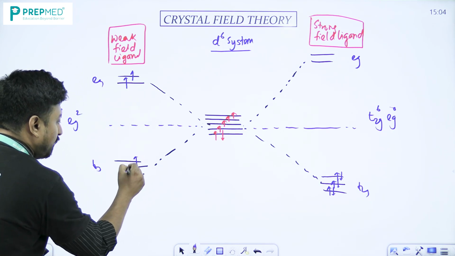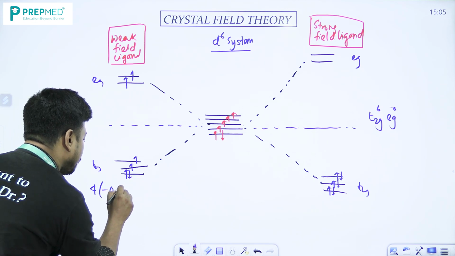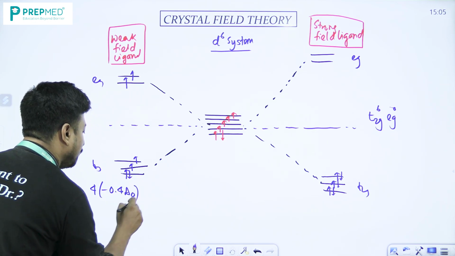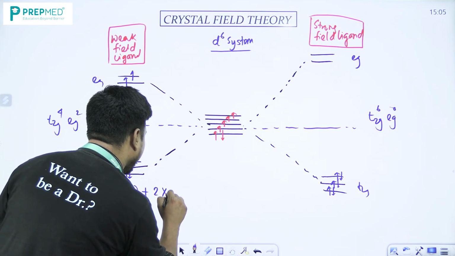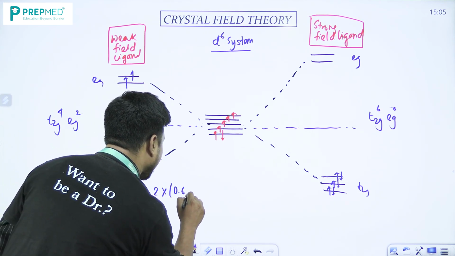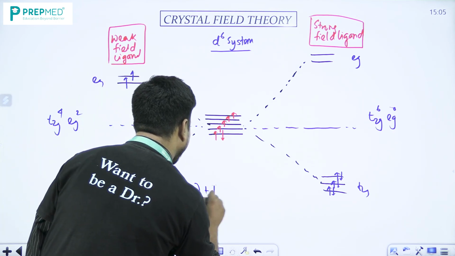I will get here 1, 2, 3, 4. So 4 multiplied by minus 0.4 delta O plus 2 multiplied by 0.6 delta O, and there is one pair also, so I will write one pairing energy.